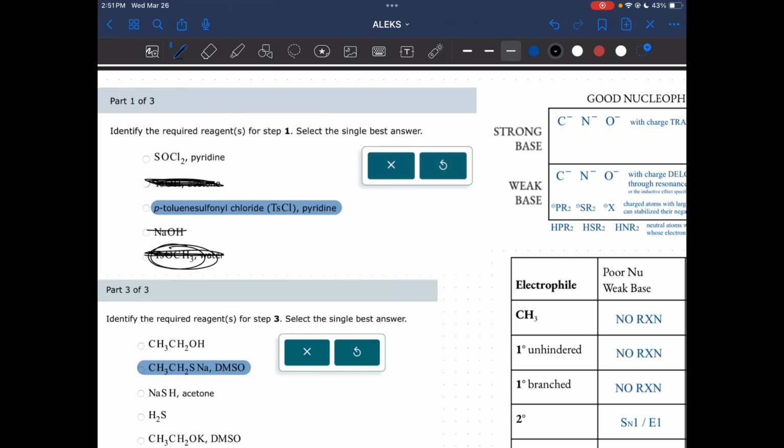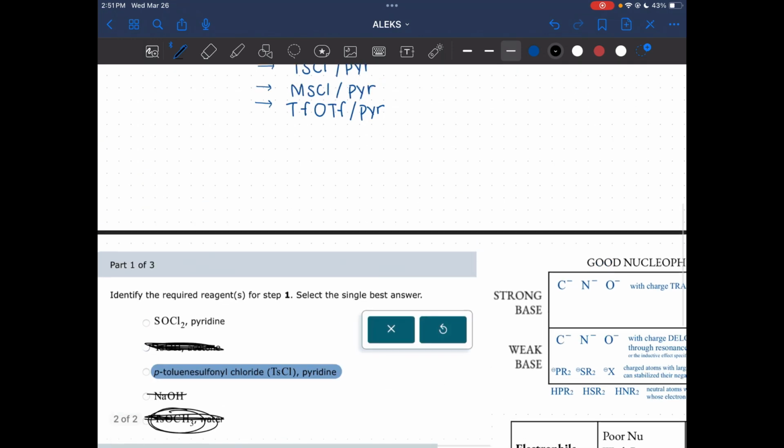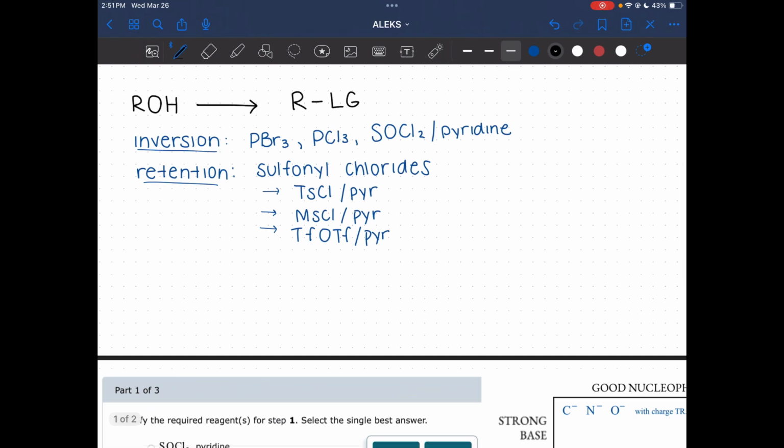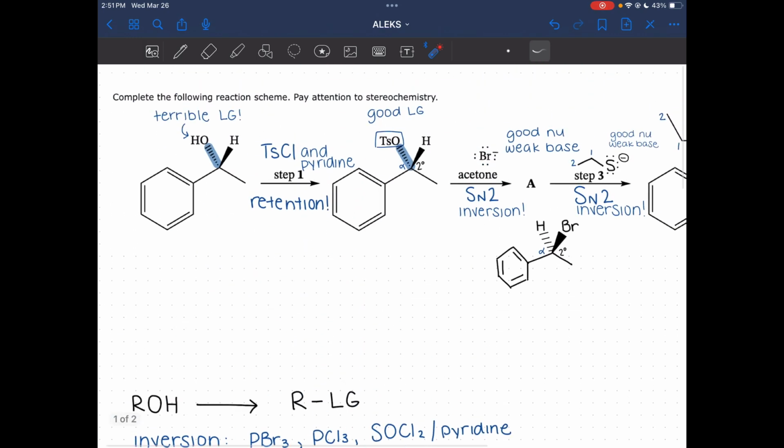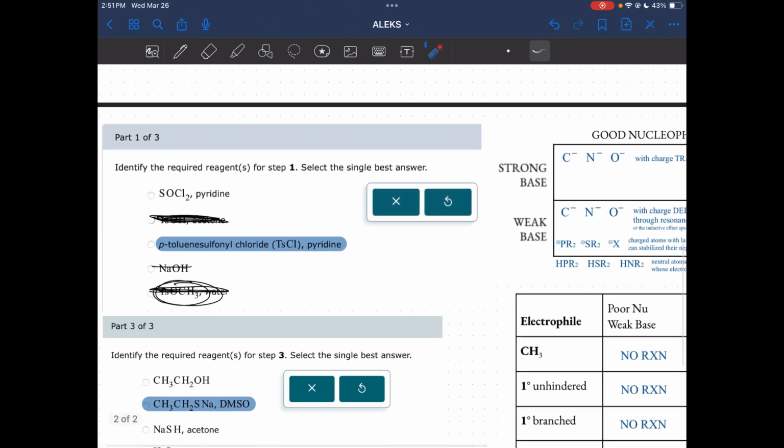For SOCl2 pyridine, this one is more like something you'd see on an exam. Of course, it's one of our alkyl activation reagents that does inversion. But obviously, like we said before, there was no inversion at the stereocenter based on the fact that these are still both dashed. So that also wouldn't be an option.